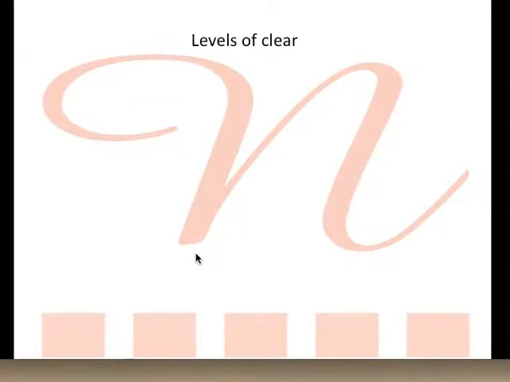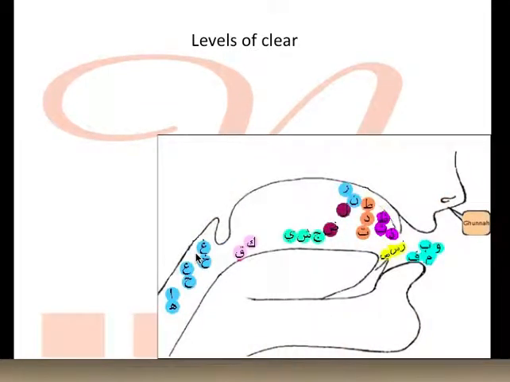Levels of izhar. If you look at this picture here, we've got the letters of izhar, the 6 of them, in the throat. The first group is ha and hamza. I don't know why they put hamza with alif. Normally hamza should be only hamza without any alif.